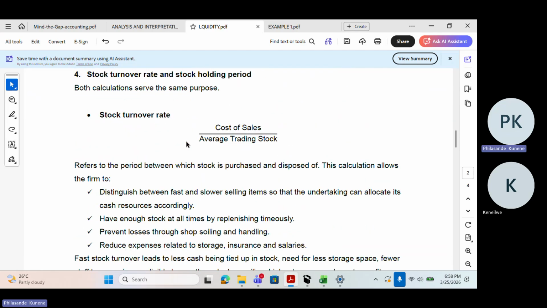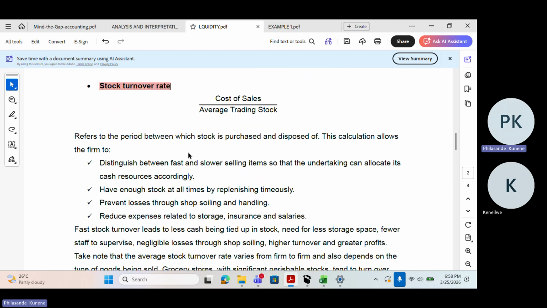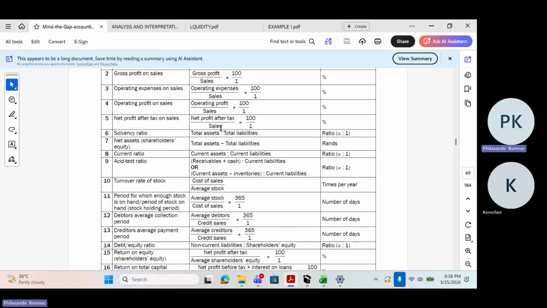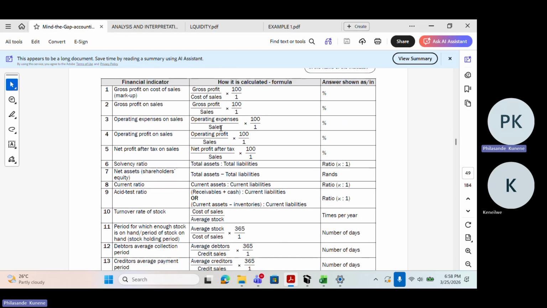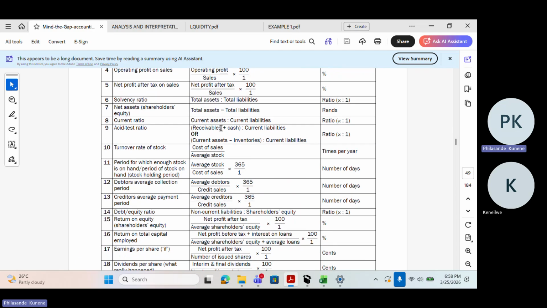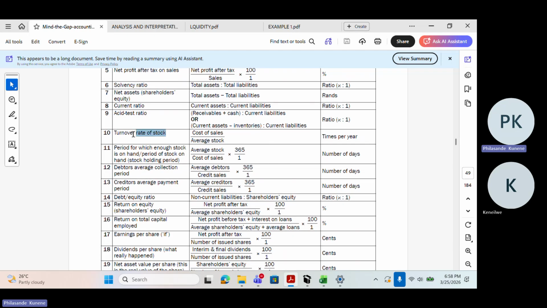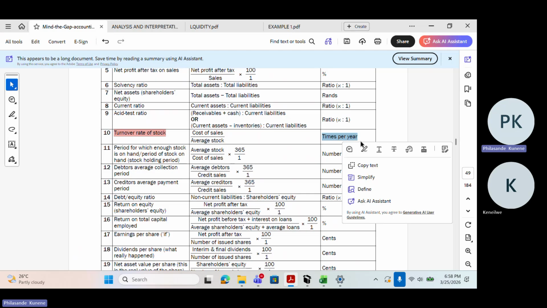Now, when it comes to stock turnover rate or stock holding period, we need to understand them. Both calculations serve the same purpose. What is a stock turnover rate? It is cost of sales over average stock, in times per year.